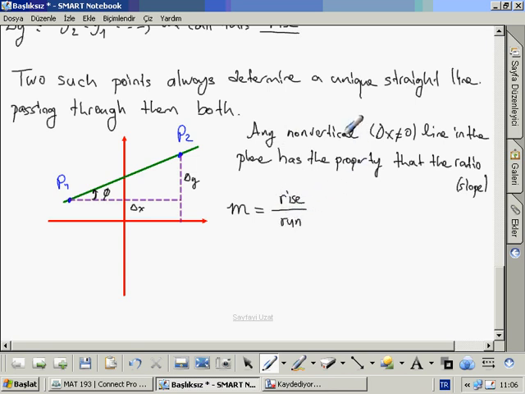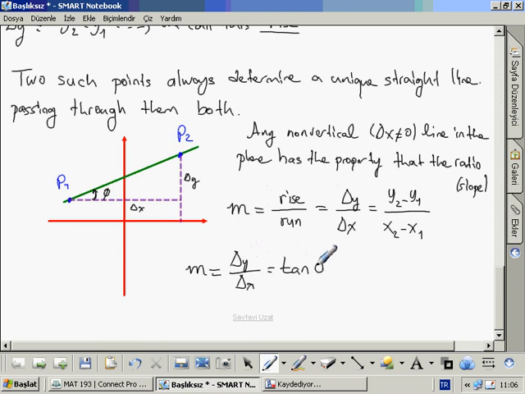Don't forget it, rise over run. That means delta y over delta x, and it also can be written (y2 minus y1) over (x2 minus x1), and we can also call the slope tangent phi.